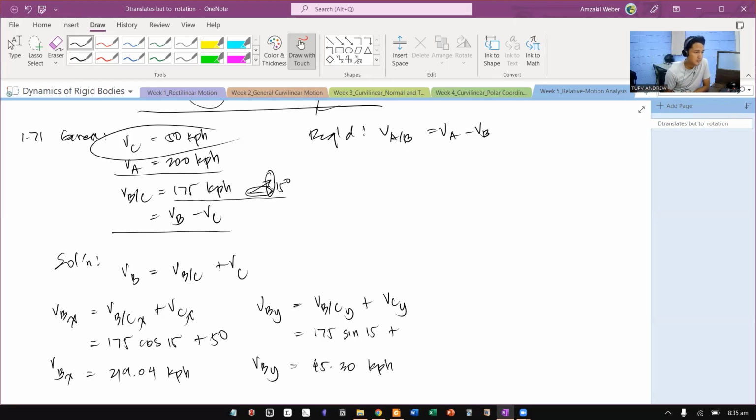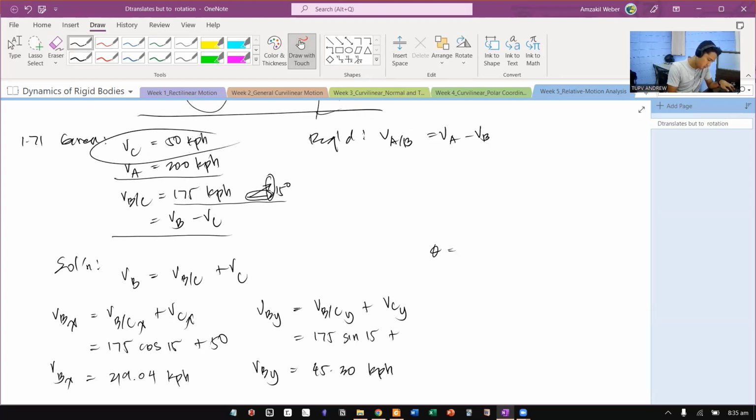Okay, so the resultant is of course the combination of these two. The angle is arctan of VBy over VBx, which is arctan of 45.30 over 219.04.